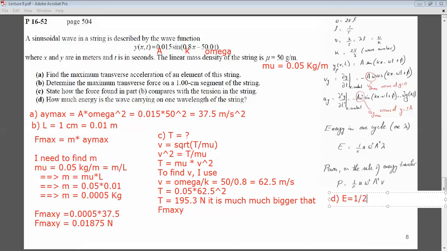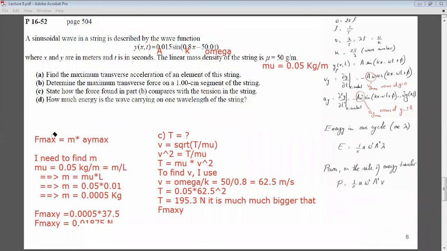It's half mu omega squared times A squared times lambda.